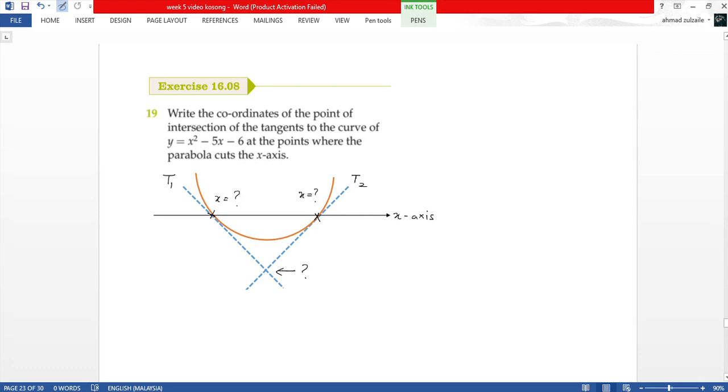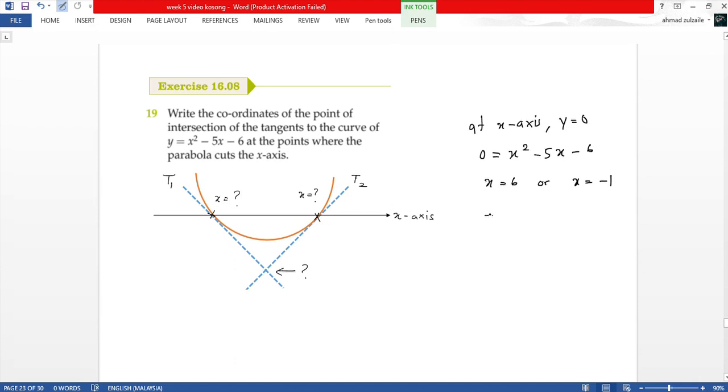So what we can do is, number one, identify the x coordinates first. At the x-axis, y equals 0. Therefore 0 equals x squared minus 5x minus 6. So you will get x equals 6 or x equals negative 1.